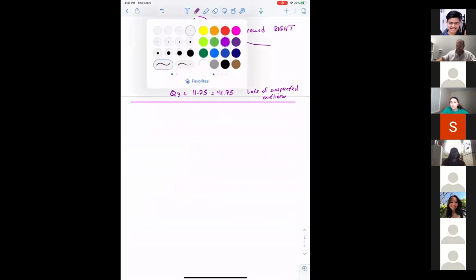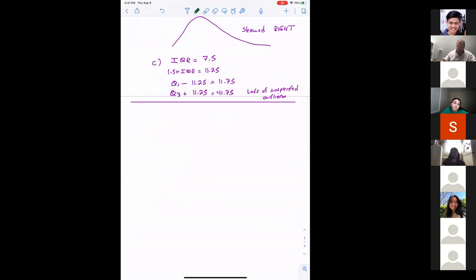Hopefully not. Unless someone vocally says yes, we will move on to question 2.9, which says, actually, look at this. I guess this is a continuation and we just answered it.